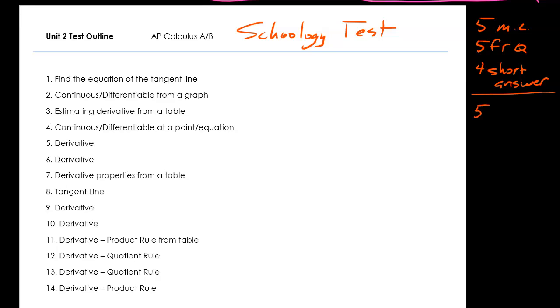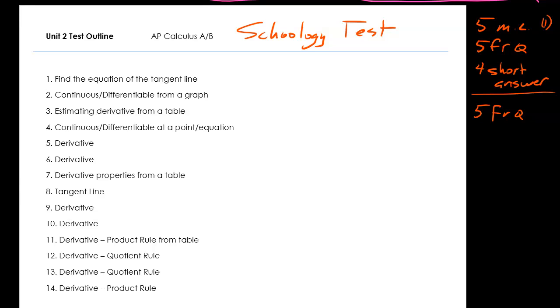The 5 free response questions are what I had you guys practice in that practicing out test questions activity. The multiple choice are basically 1 point each, and there's no work that needs to be shown. It's just right or wrong.